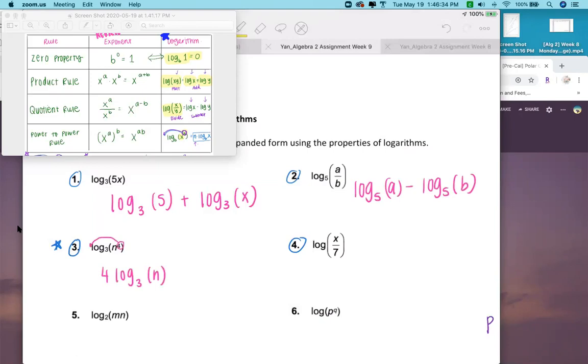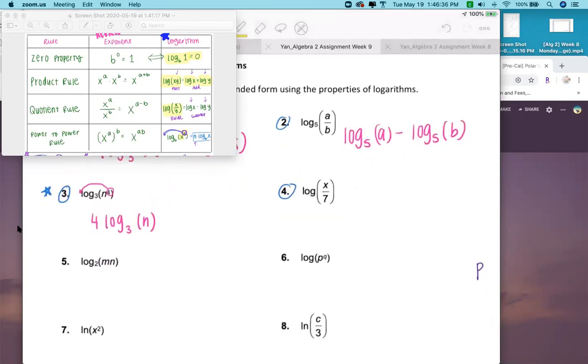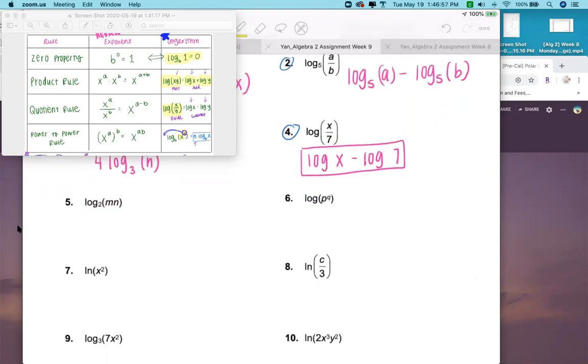Next one. Number 4. I got log x minus log 7. And that's it for the question. Yes? No? Okay, you guys do 5 and 6.